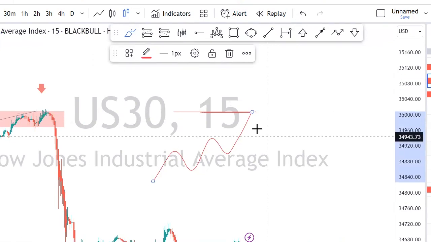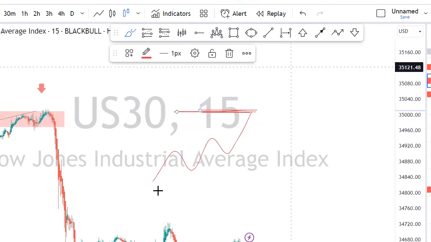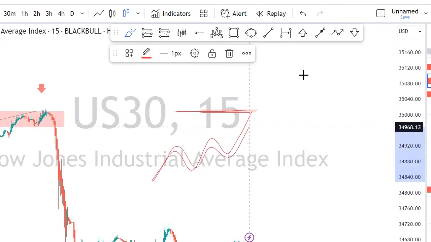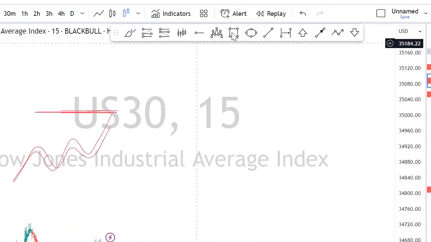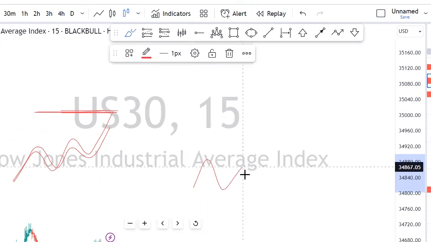So what you want to see in terms of a reversal, when the price gets to a level, you want the price to get there correctively, because we have only 2 types of corrections.